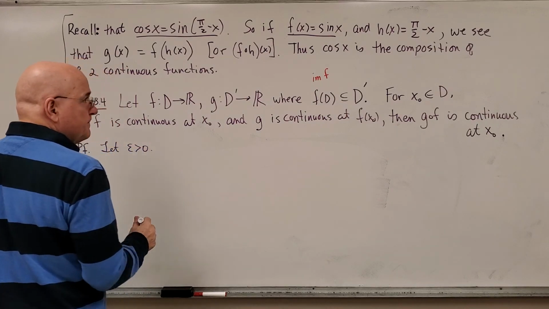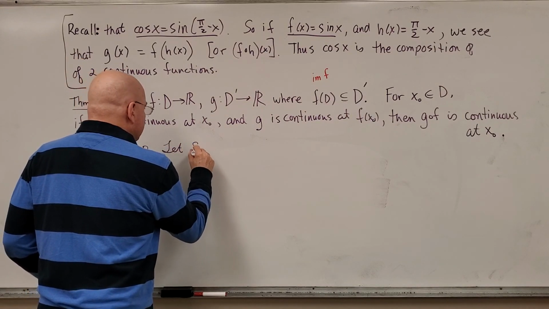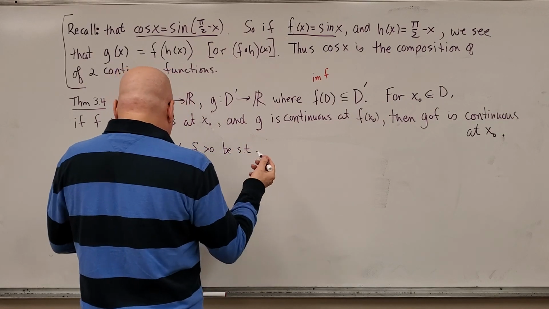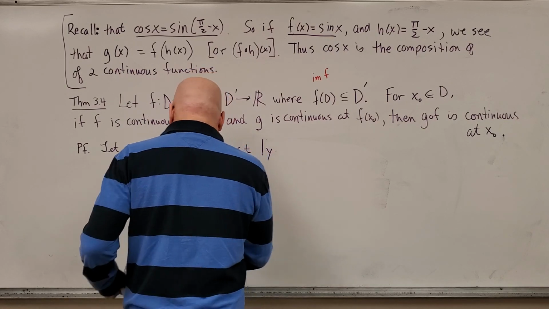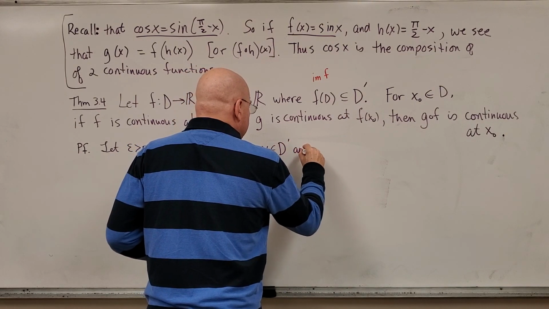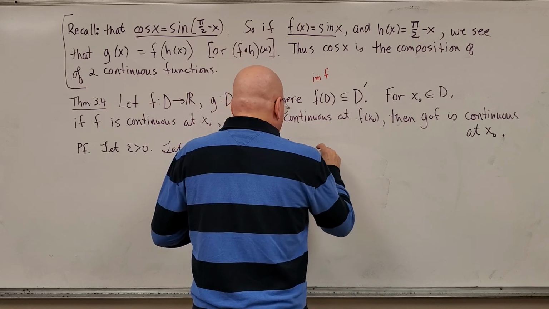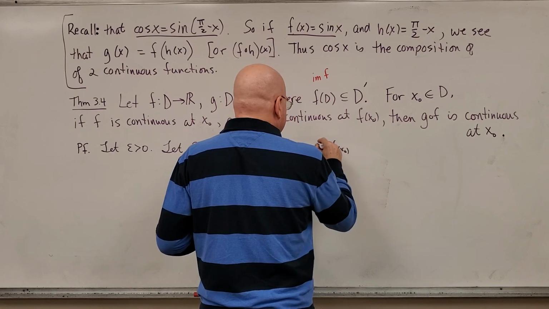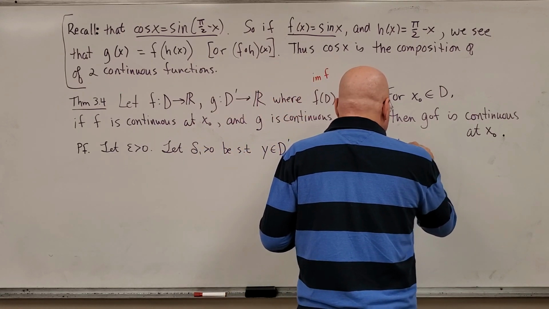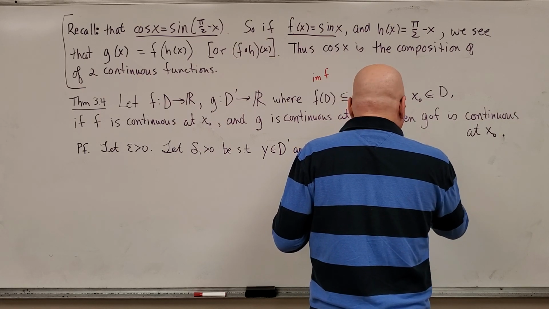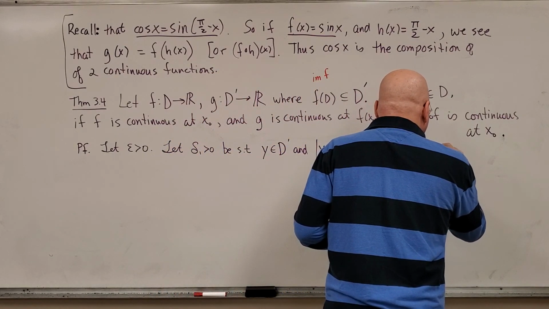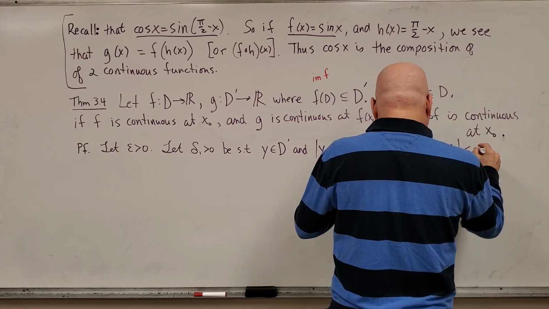Now I'm going to take a delta 1 greater than 0, such that y, and let me first make sure y is in the domain, y has to be in D prime, and the absolute value of y minus f of x naught is less than delta 1 implies that the absolute value of g of y minus g of f of x naught is less than epsilon.